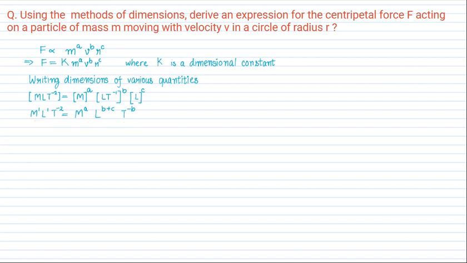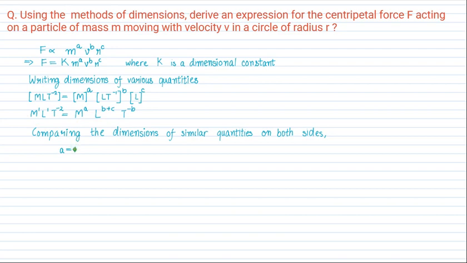Now as we know, all equations should maintain dimensional consistency. That means the dimension of M should be the same on both left hand side and right hand side. The dimension of L should be the same, and the dimension of T should also be the same. So on comparing the dimensions of both sides, mass has a dimension a on one side and dimension 1 on the other. So a will be 1.